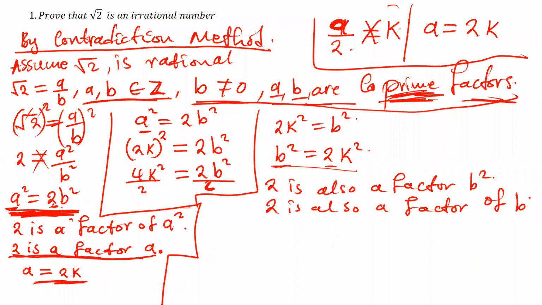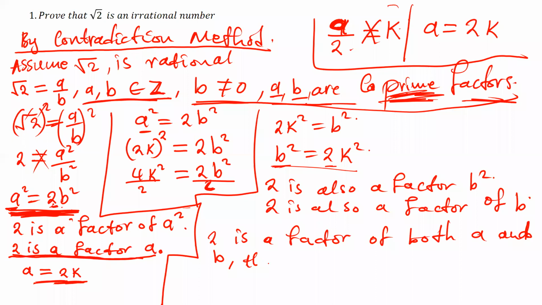From that, we can conclude that 2 is a factor of both a and b.